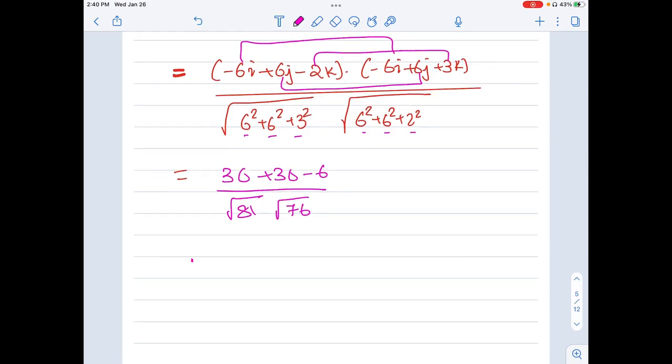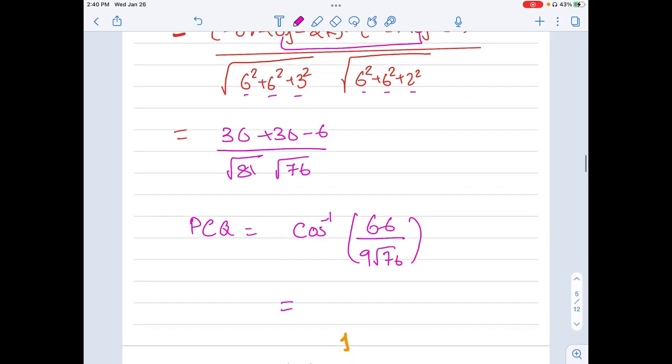So PCQ is equal to cos inverse of 66 upon 9 root 76. Do it by calculator. This should give you the answer as 32.7 degrees. That's going to be the answer for that question.